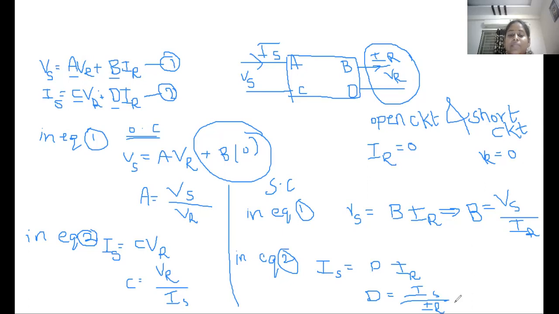In this, once again I will repeat that same procedure for finding the generalized constant parameters, that is nothing but A, B, C, D values.